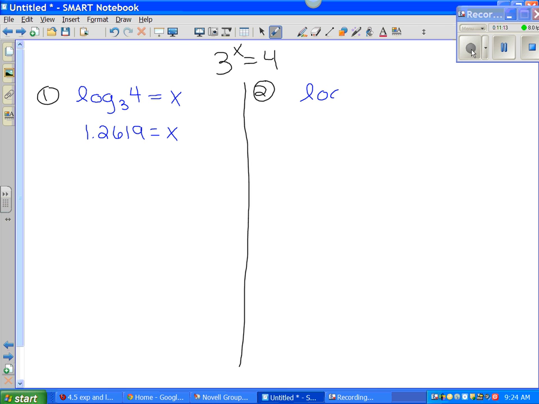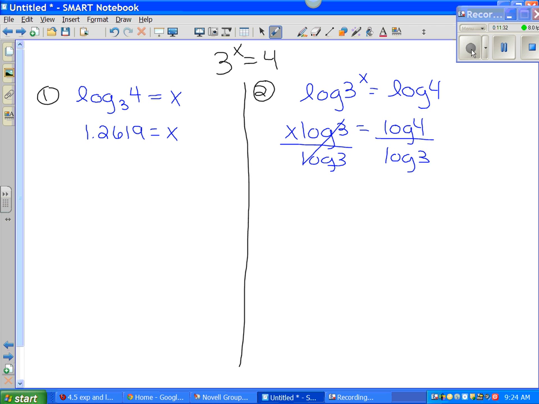Okay, so log 3 raised to the x and log 4. Okay, now what? X out front, good. Okay, great. Great. What do you think?